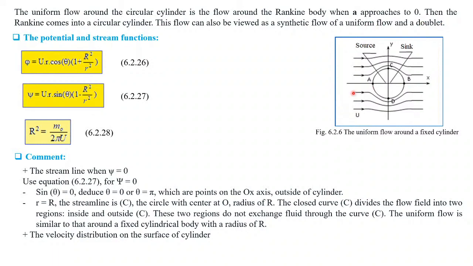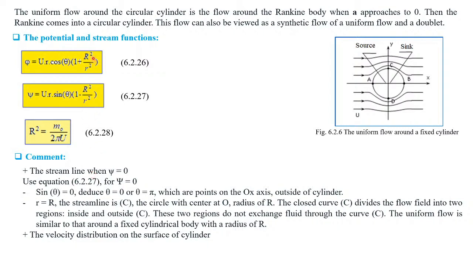That means the uniform flow around a circular cylinder is similar to the uniform flow plus a doublet. Therefore, you can find the potential and stream function, phi like this for the polar coordinate system, and psi like this for the polar coordinate system.